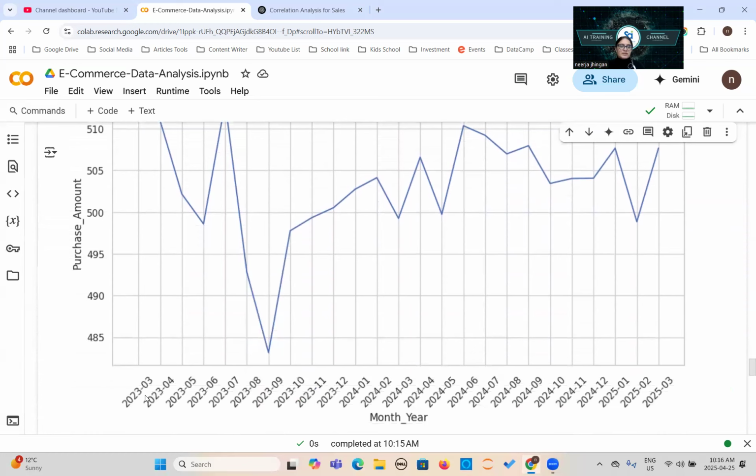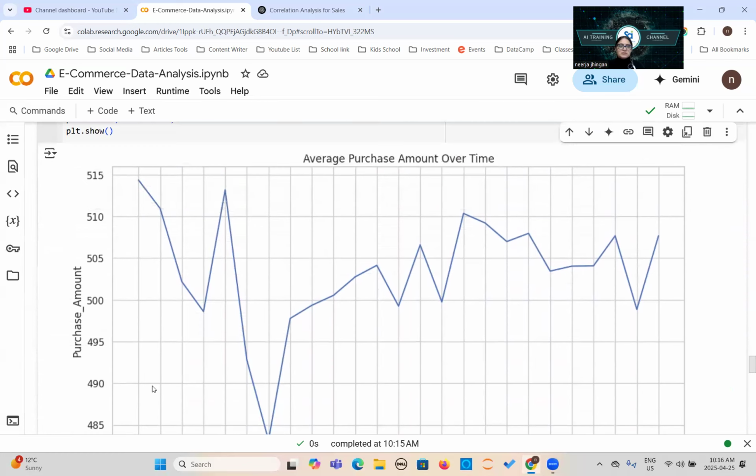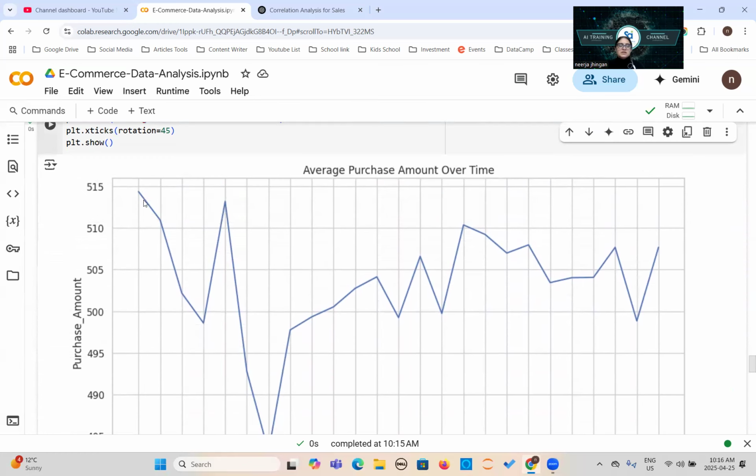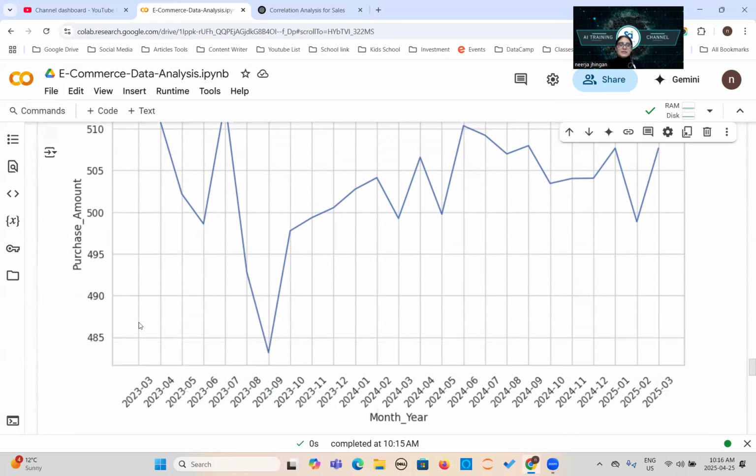Look at this. In 2023, in the third month, the trend was very high. The people are spending more money in this month. Then the trend is going down here. Look at this, in the fifth month of 2023, this means May, it is showing you the downtrend. Then again in June it is going up.